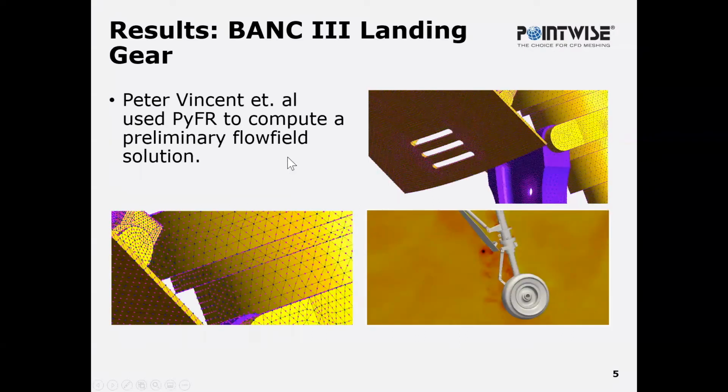And just to show you the grid and some results, because this was run with PyFR in Peter's team, these pictures show the details of the mesh and the complexity of the geometry, and also showing the quadratic nodes in the mesh, and a nice contour plot of the very unsteady flow around this landing gear.